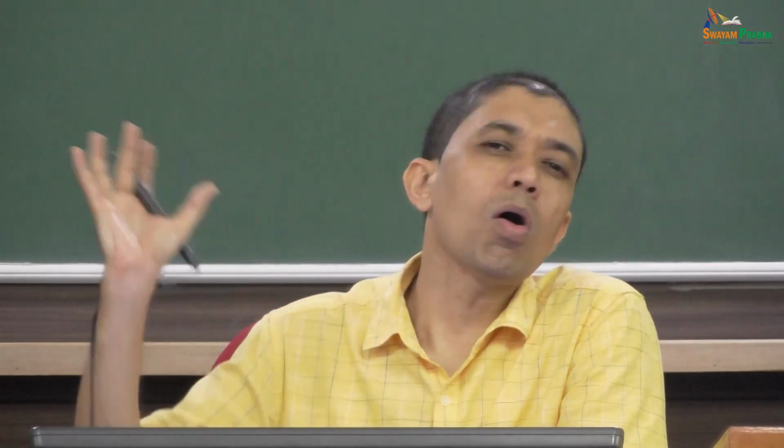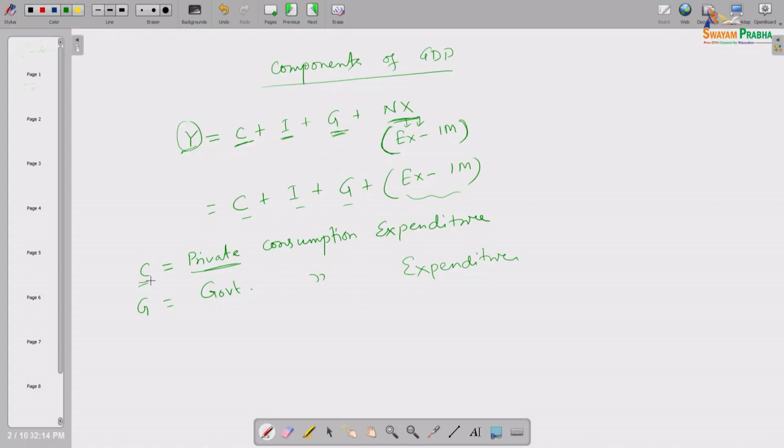All private parties other than the government entity, if you combine all their consumption expenditure, this is C, private consumption expenditure.